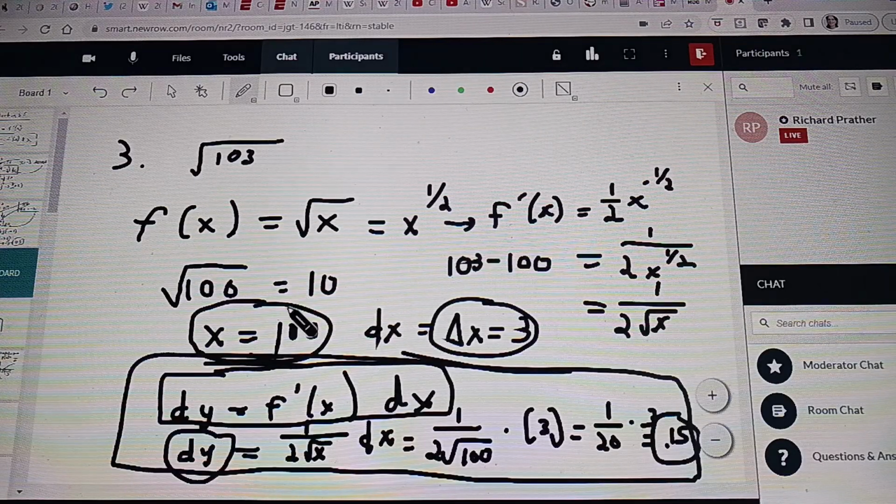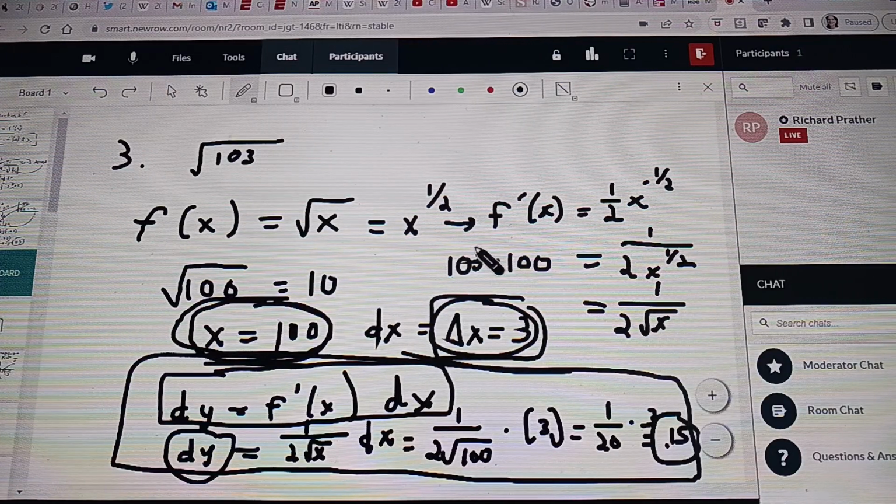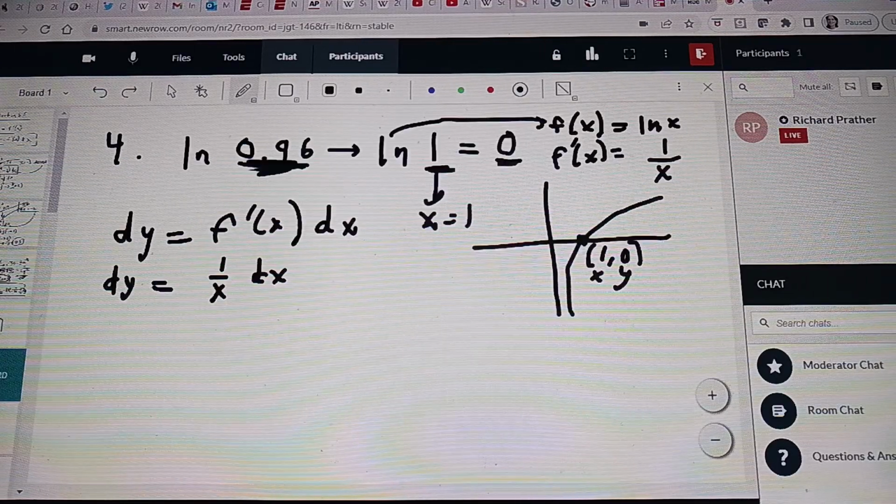X equal to 100, that was the convenient number. And then the delta x is when you take what you want to do minus what you find convenient. So for me, x is 1 because that's the convenient one. And then delta x is the one you started with minus the convenient one.